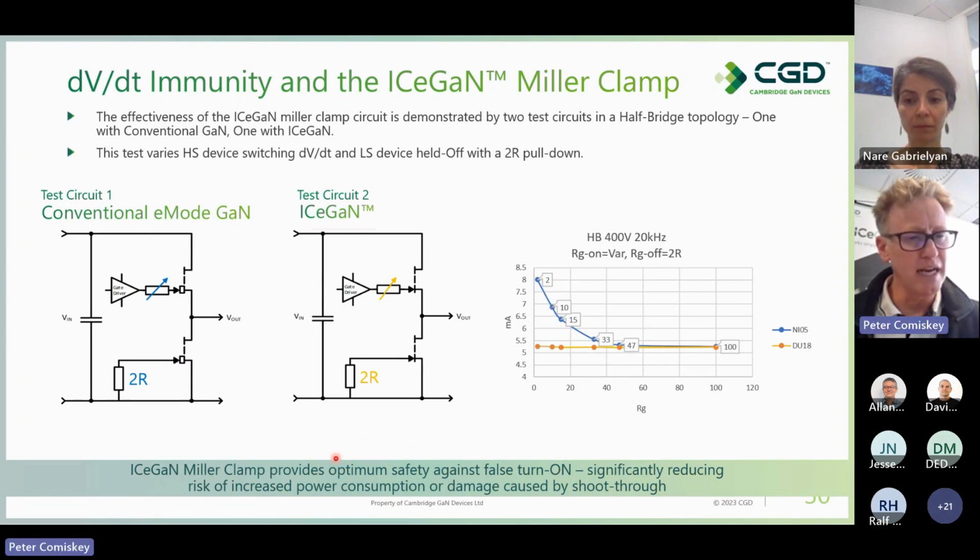So the key point here is that the Miller clamp provides optimum safety against false turn-on. This is a monolithically integrated device, which significantly reduces the risk of increased power consumption due to a device inadvertently turning on, or severe damage caused by shoot-through.